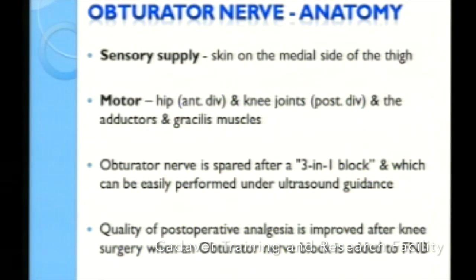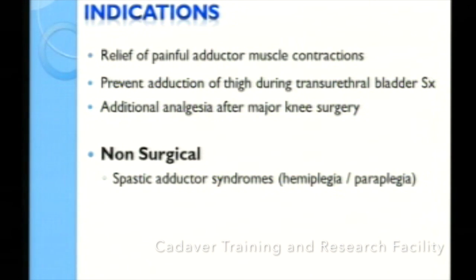The obturator nerve is spared in the 3-in-1 block, and that is why this interest is created. With the introduction of ultrasound in our practice, we can successfully block the obturator nerve. Indications can be surgical or medical.